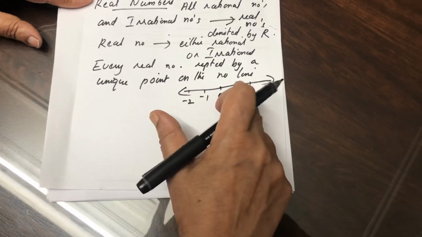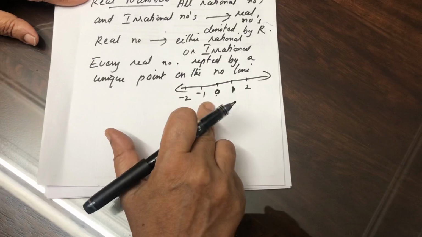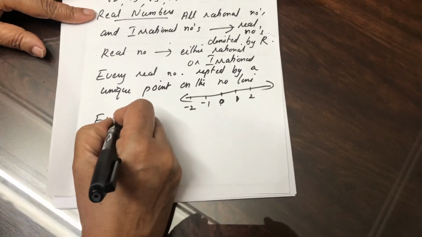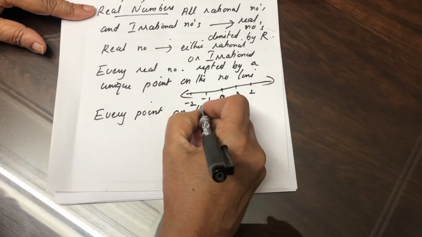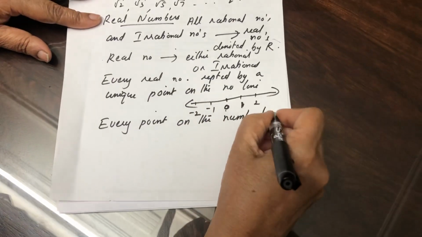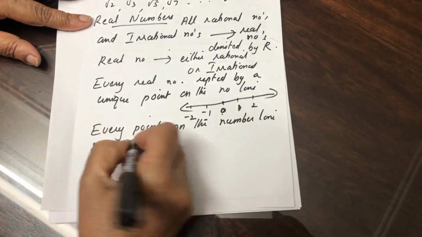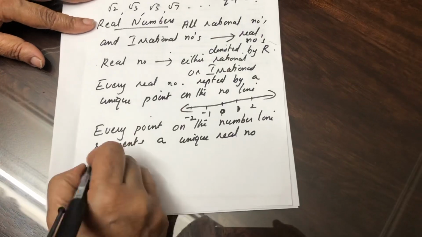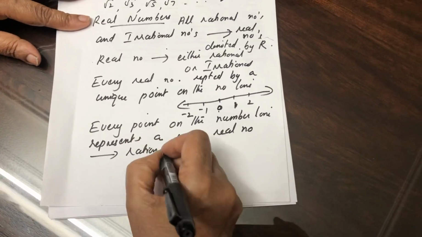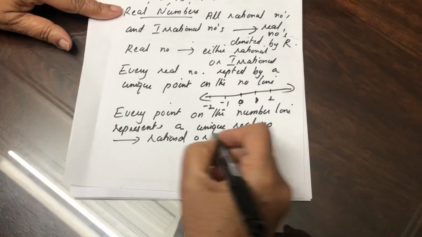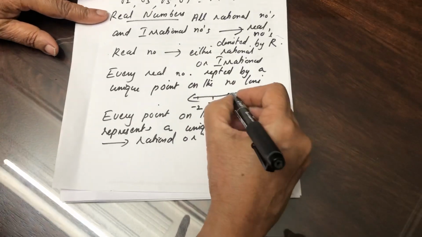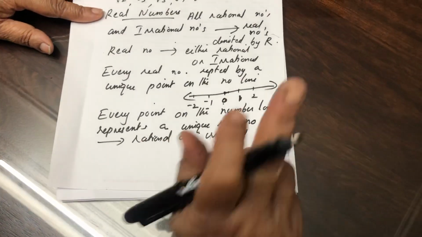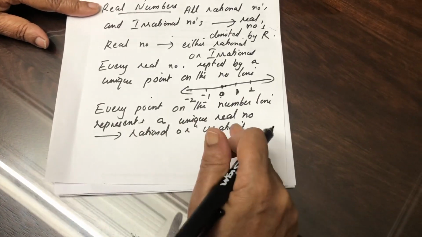In other words, every point on the number line represents a unique real number, either rational or irrational.